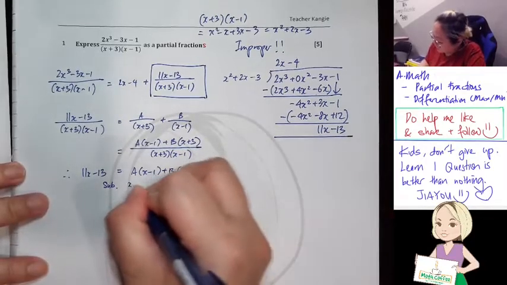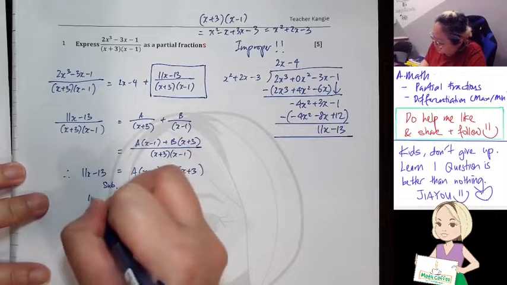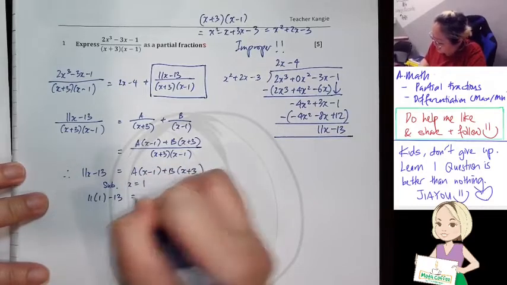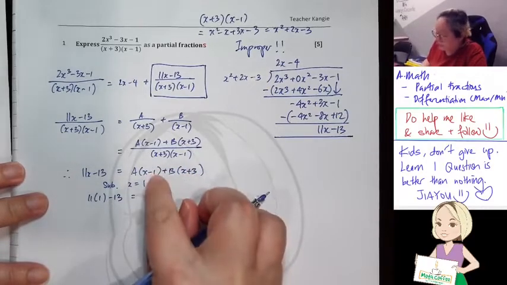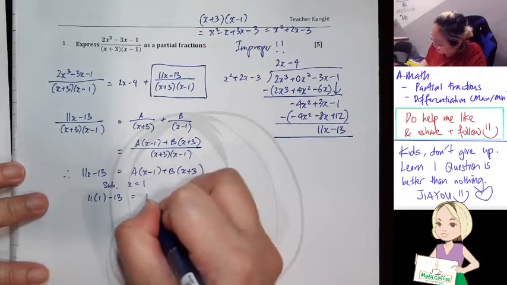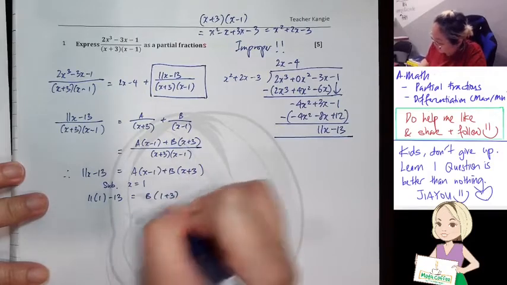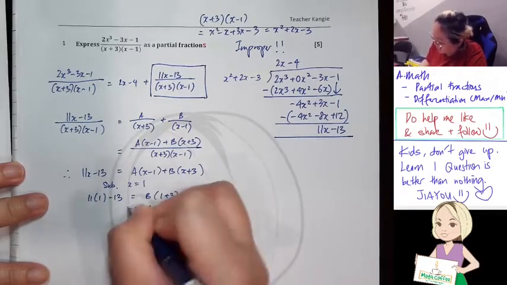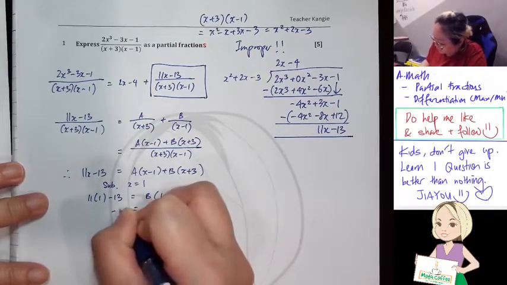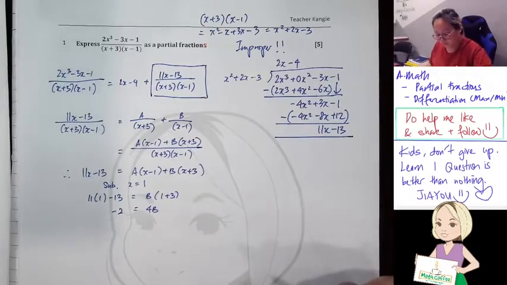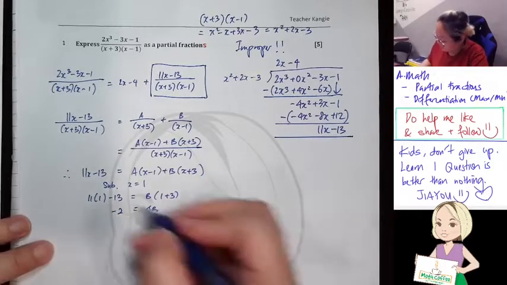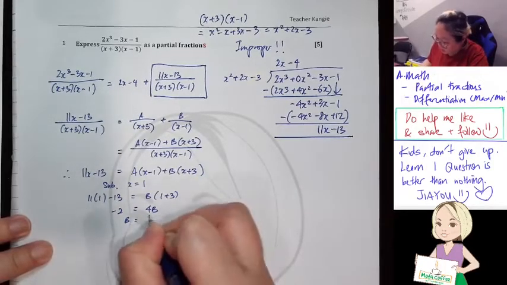So I'm going to sub in x equals to 1. So 11, 1 minus 13 is equals to, this one will become 0, so I don't have to write, B(1 plus 3). So I have 4B is equals to minus 2. Okay, I ended up having B is equals to negative half.